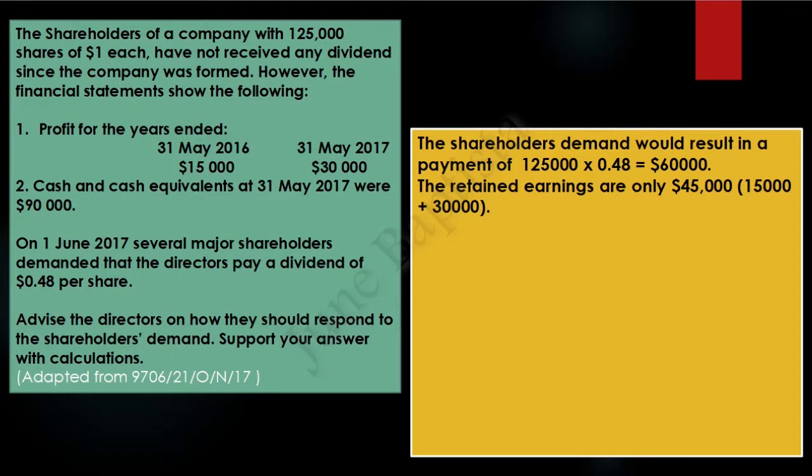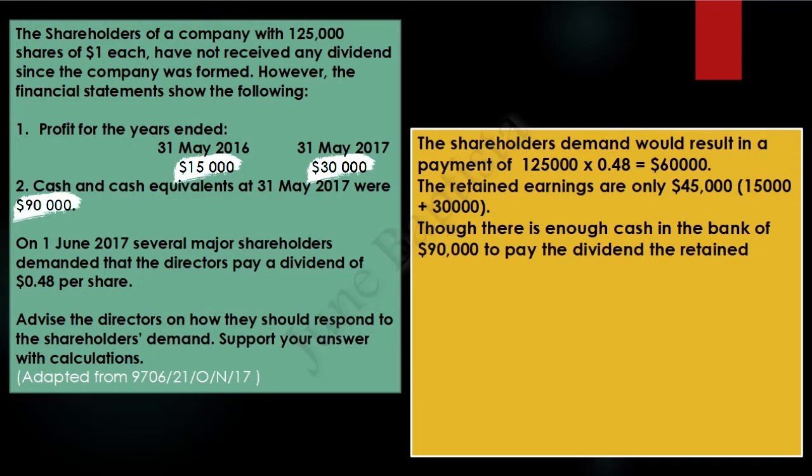The retained earnings are only $45,000, that is $15,000 from the year ended 31st May 2016 and $30,000 from the year ended 31st May 2017. Though there is enough cash in the bank of $90,000 to pay this dividend, the retained earnings are not enough.